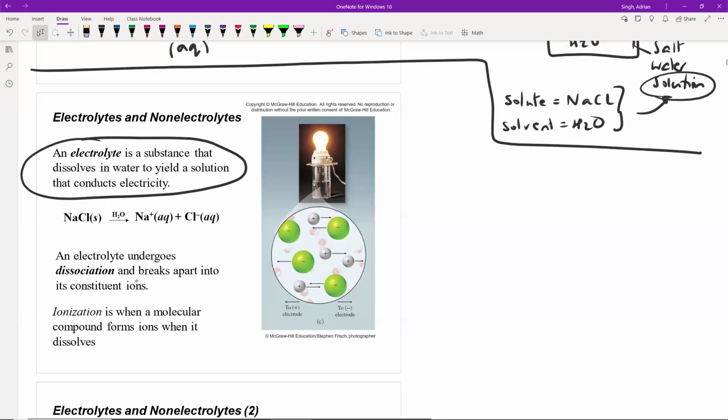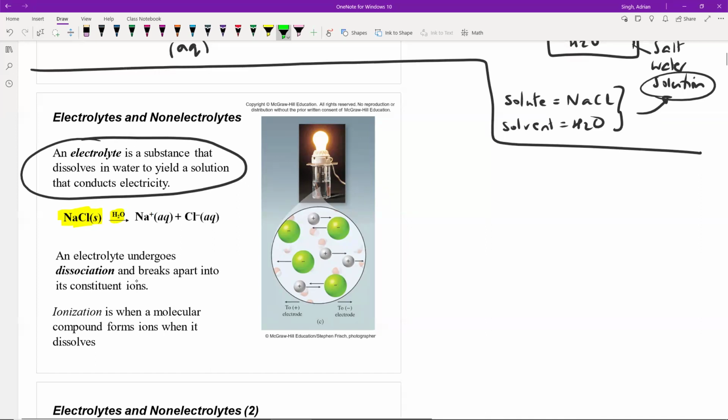You probably have seen or heard the term electrolyte before, for example, in reference to energy drinks or Gatorade, where you replenish lost electrolytes. Well, what exactly is an electrolyte? The example we have here is sodium chloride, which is regular table salt, and starts off as a solid. If we add that to some water, we end up forming the ions that make up sodium chloride.